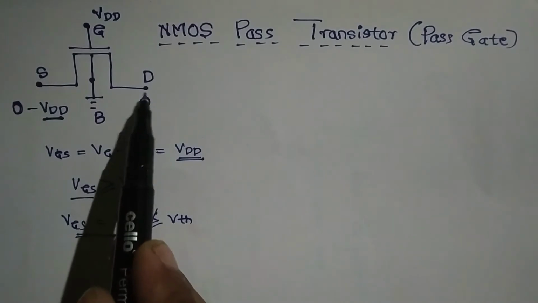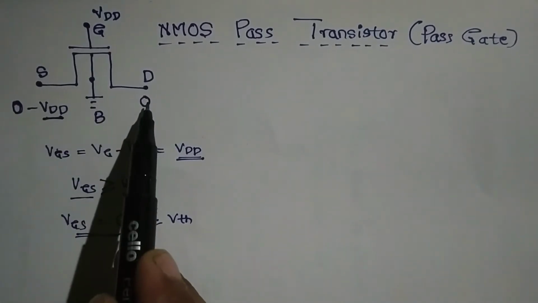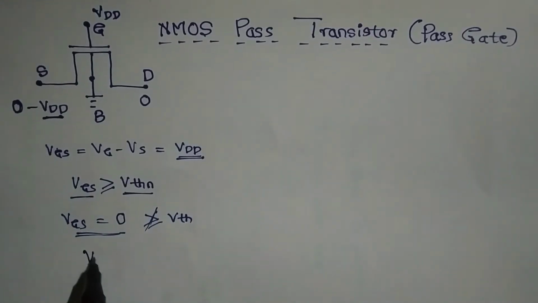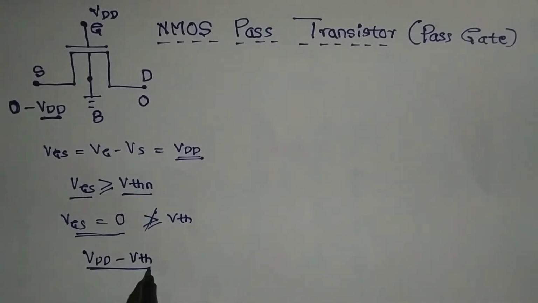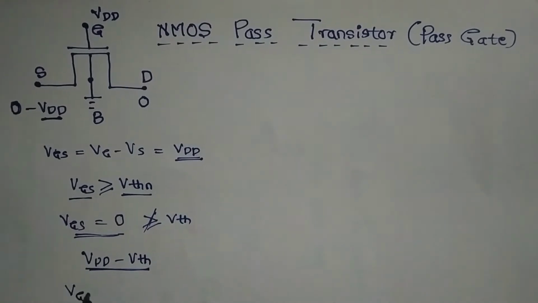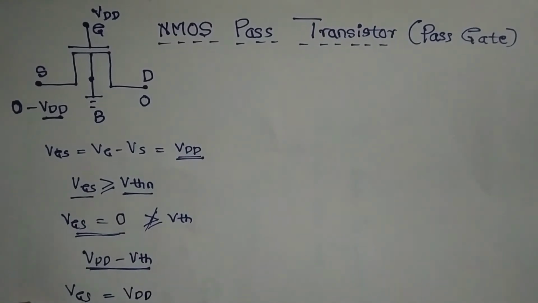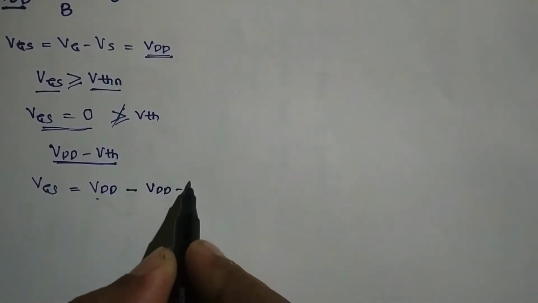What is the maximum voltage that it can transfer from the source terminal to the drain terminal? That voltage is VDD minus VTH. How can I say that this is the voltage? At that time my VGS becomes equal to VDD, which is the gate terminal, minus (VDD minus VTH).